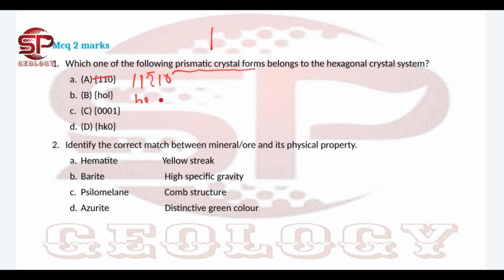Here h k i l. See the symbol here, 2 bar is not copied. So 1, 1, 2 bar naught. So here this C axis, it is showing it is not intersecting any faces. So this will be a prismatic crystal.